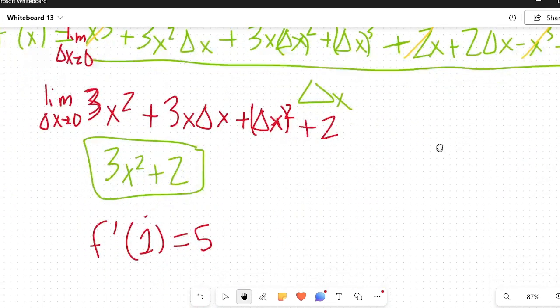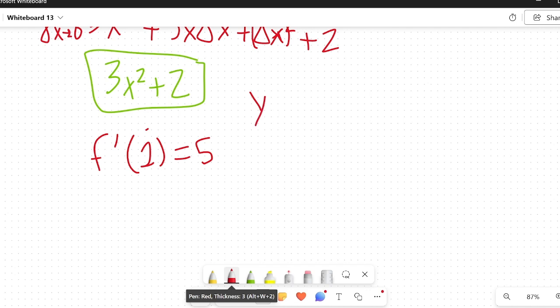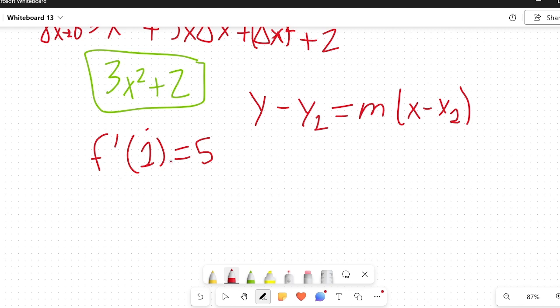And then another type of question could be they ask you to solve for the actual equation of the tangent line, where we will use point slope form, right? So remember, point slope form for a tangent line looks something like this. And plugging in f prime of x will give us our m.